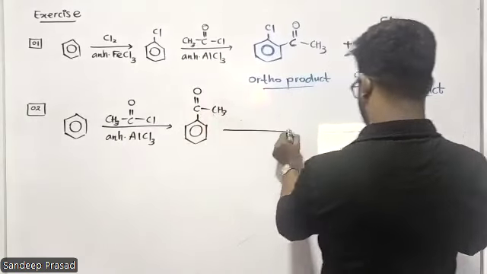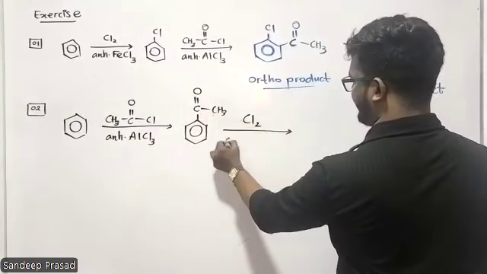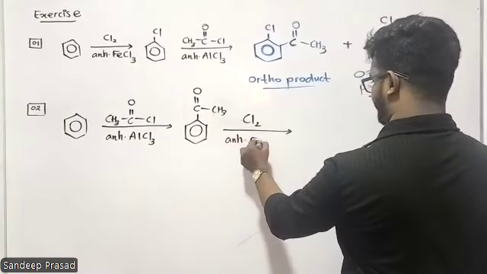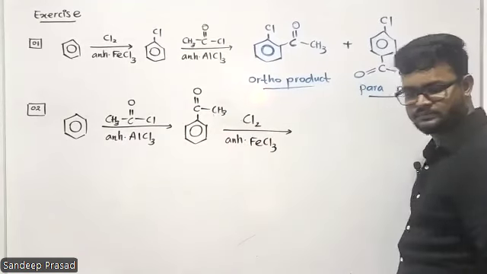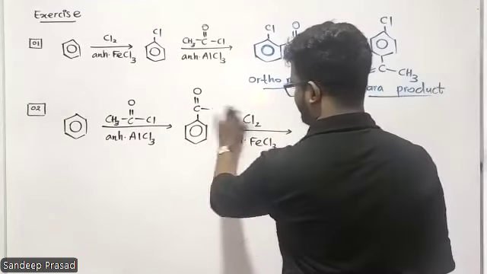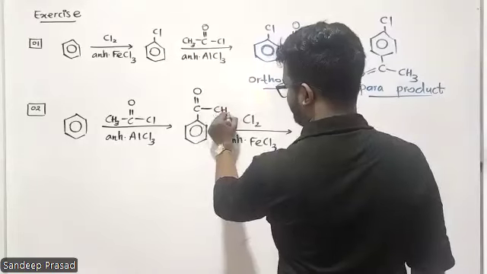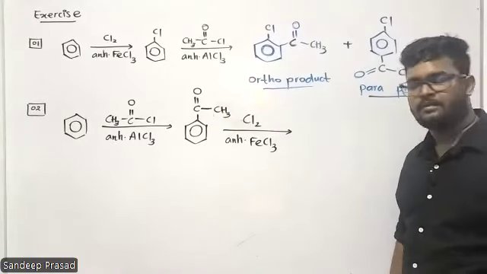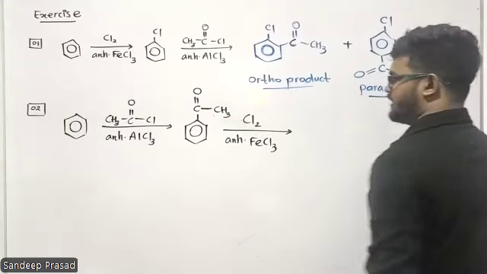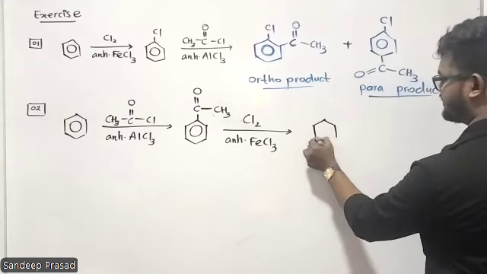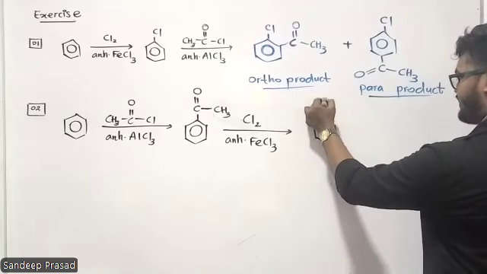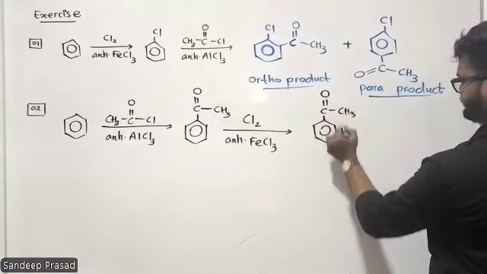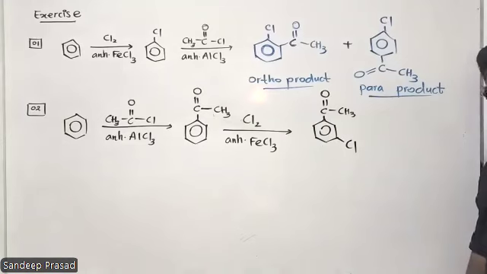Now I'm going to add chlorine and anhydrous ferric chloride. What will happen? You can see that this is a meta directing group. The meta double bond is there. Then you can connect the chlorine atom to the meta position of the benzene ring, in this way. So this is the product. This is the only product we can have.